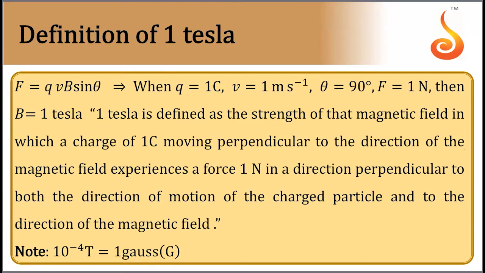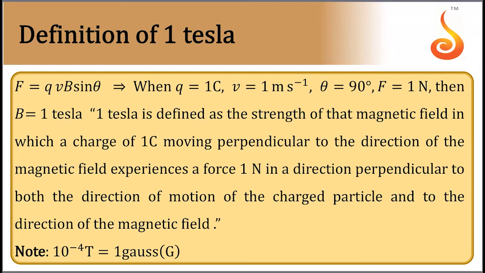Moving further, from this we can define the unit of magnetic field, that is Tesla. 1 Tesla is the strength of magnetic field in which a charge of 1 coulomb moving perpendicular to the direction of the magnetic field experiences 1 Newton of force in a direction perpendicular to both the direction of motion of the charged particle and the direction of the magnetic field.